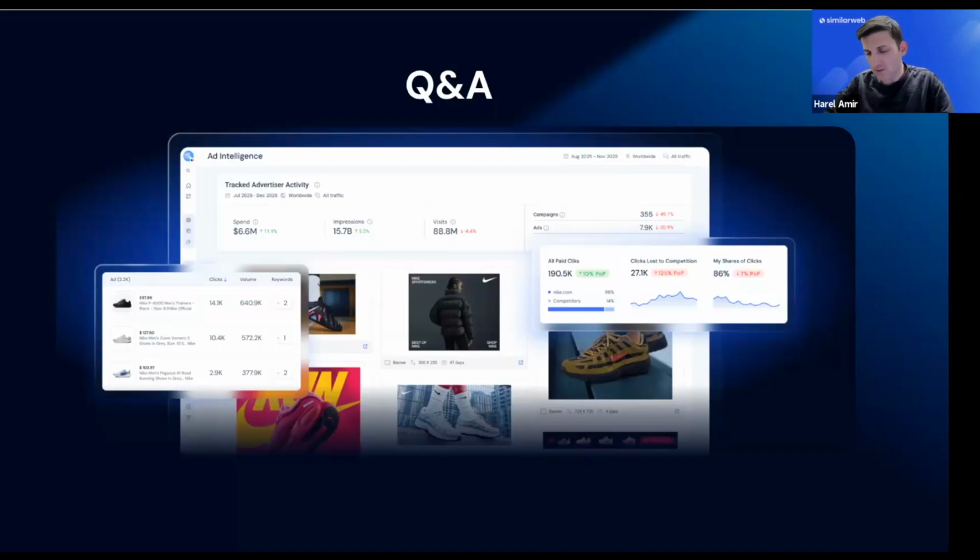So the truth is that it's a lot of things together combined, but it's important to understand that the most important thing is that it's all built on top of the foundations of Similarweb for over a decade of tracking traffic on the internet. So we see the traffic for a long time now. And what we've done is to enhance how we classify and how we basically identify what we call display, what is paid search, really refine the classification of the visits.